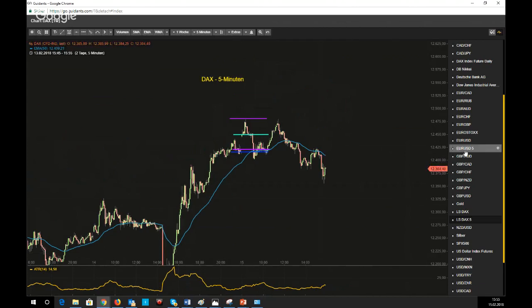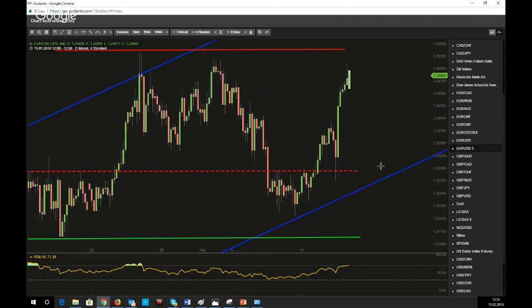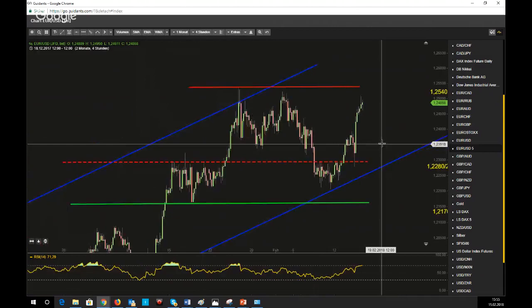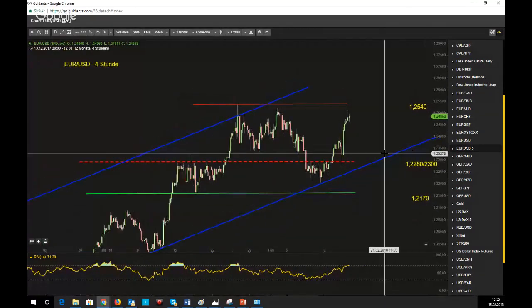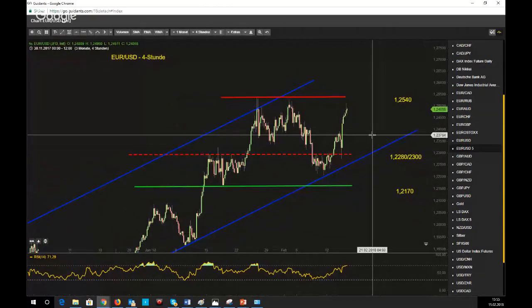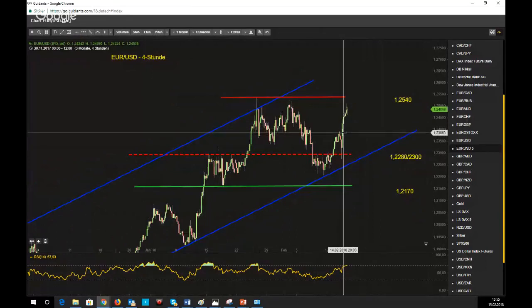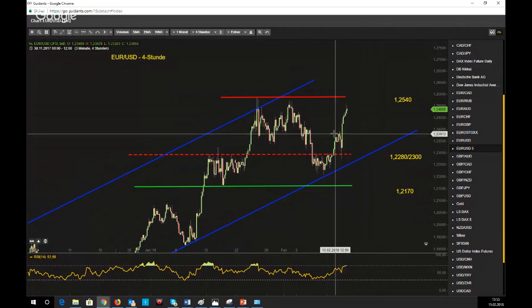Okay, EURUSD. I think EURUSD is in fact very extended after yesterday's push, even though again I'm very skeptical about the US dollar. So let's put it that way: if we get lucky, I think there's a good chance that EURUSD can make it back towards 123.80 here.